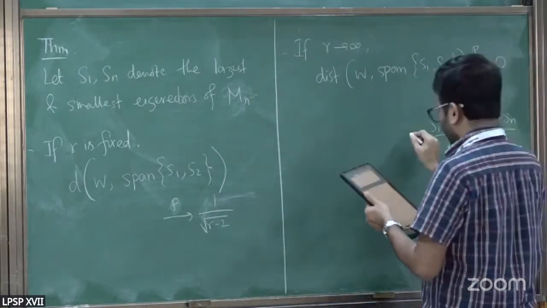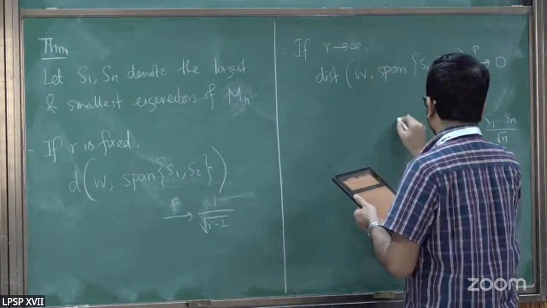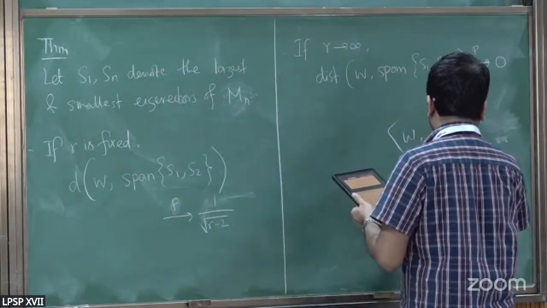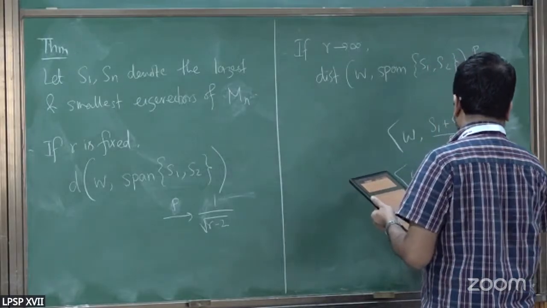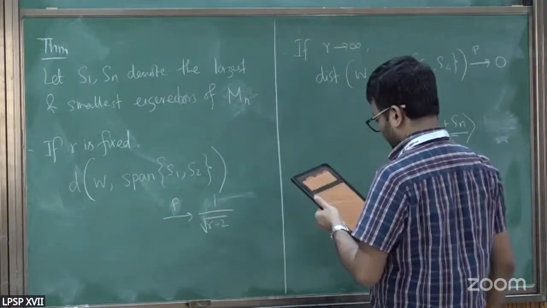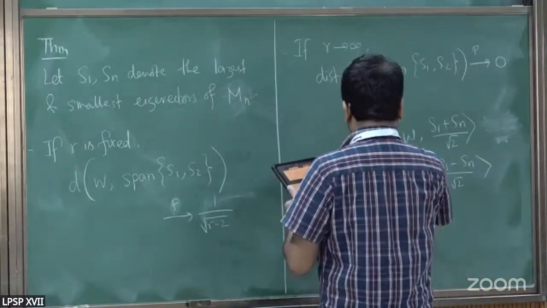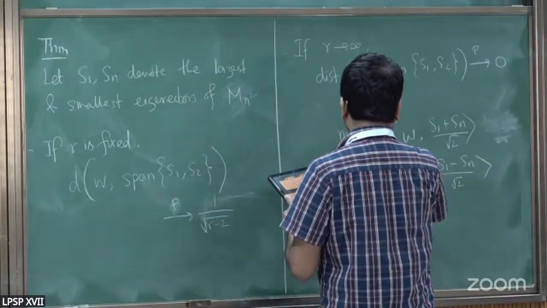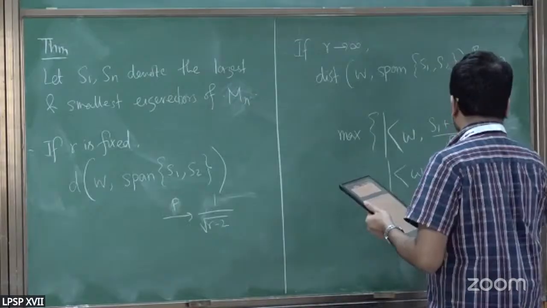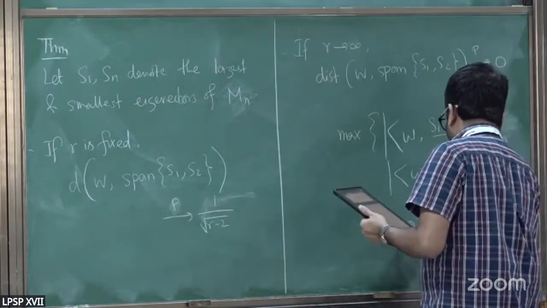So if you look at the alignment between these two, then the max of these two alignments will go to 1.